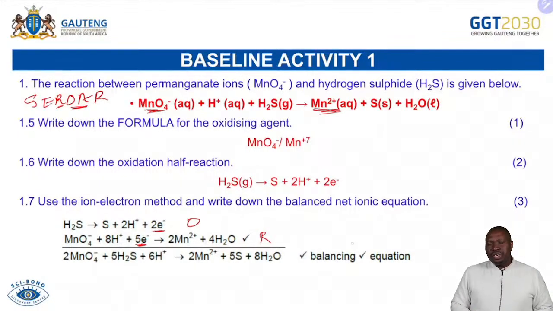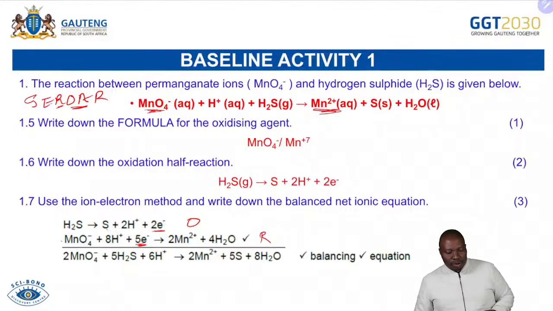When you do the multiplication, you multiply the entire H2S oxidation half reaction by 5. So it will be 5 H2S, 5 S, 10 electrons. When you multiply the second one by 2, you multiply everything by 2, and then you are able to get that.